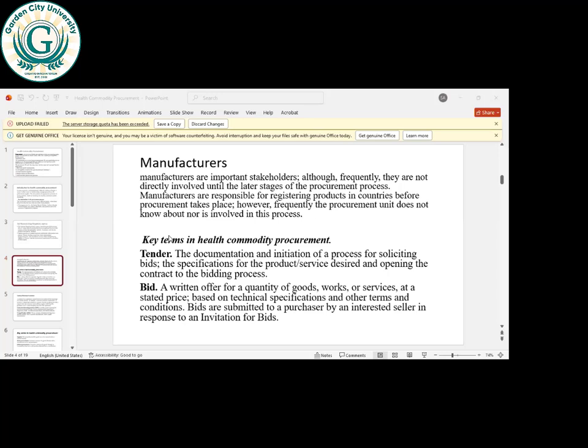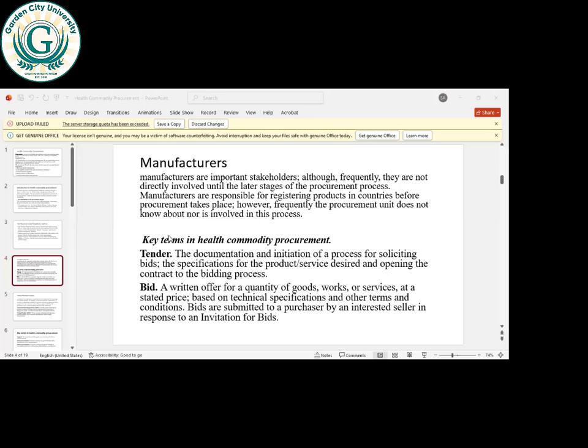You communicate to external suppliers in good standing, that I want to procure this item. These are the conditions. These are the specs. So those who are in good standing should bid. So more or less, the tender is a document. In law, we call it the invitation.